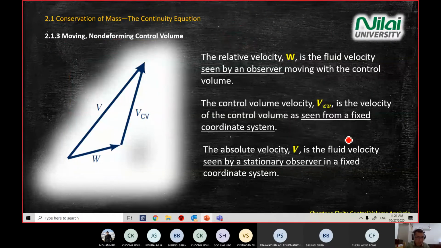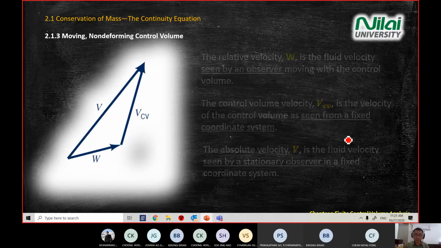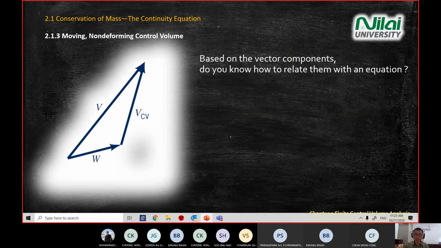Right, let's look at the application already. How do we apply this in the Reynolds transport theorem? So we relate these three in the equation.